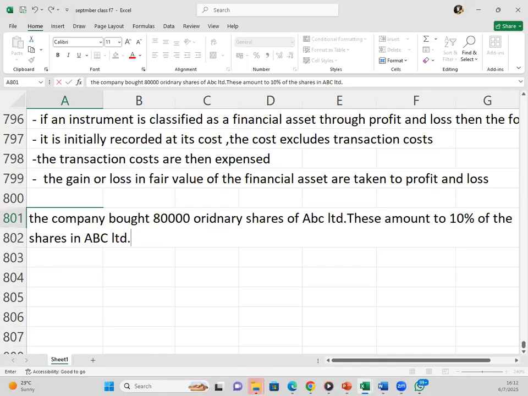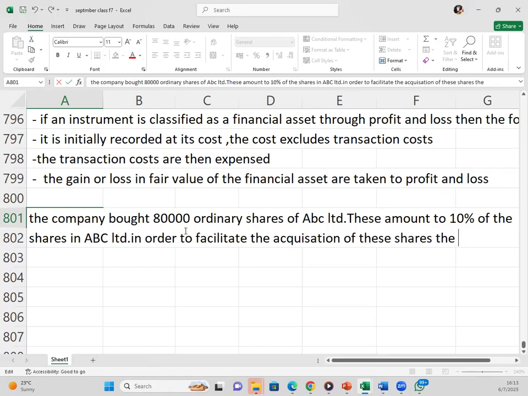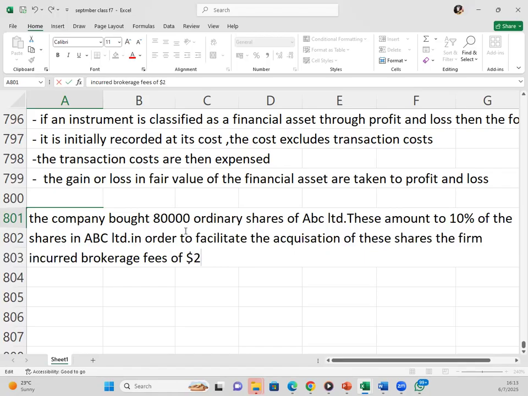Then in addition to that, they can say, in order to facilitate the acquisition of these shares, the firm incurred brokerage fees of 2.5.